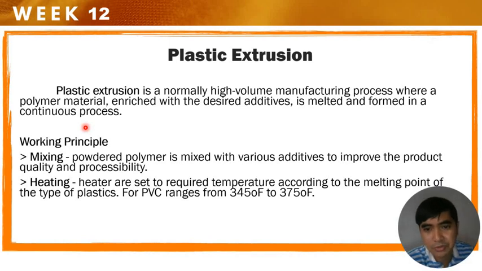So plastic extrusion is about putting up melted plastic materials together to form a single product, by extruding the melted plastic materials. So first, mixing: powdered polymer is mixed with various additives to improve the product quality and processability.